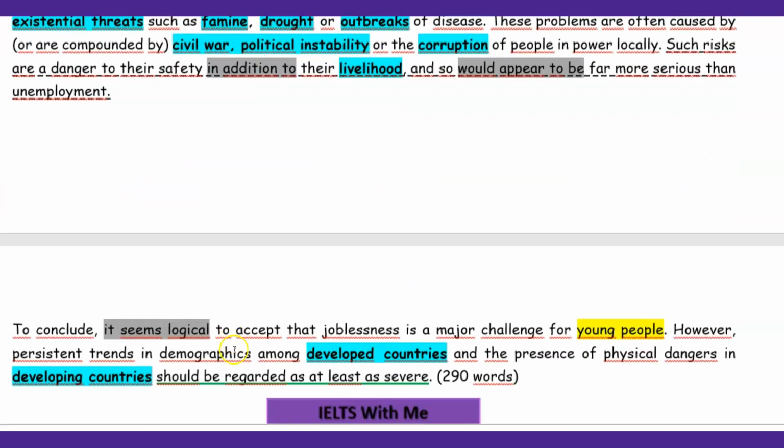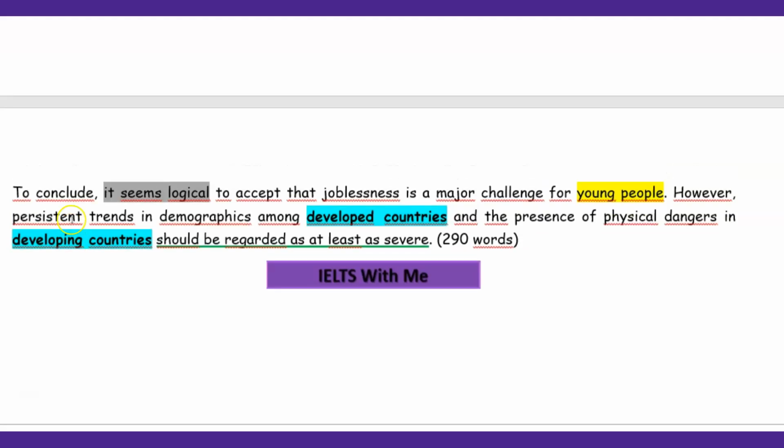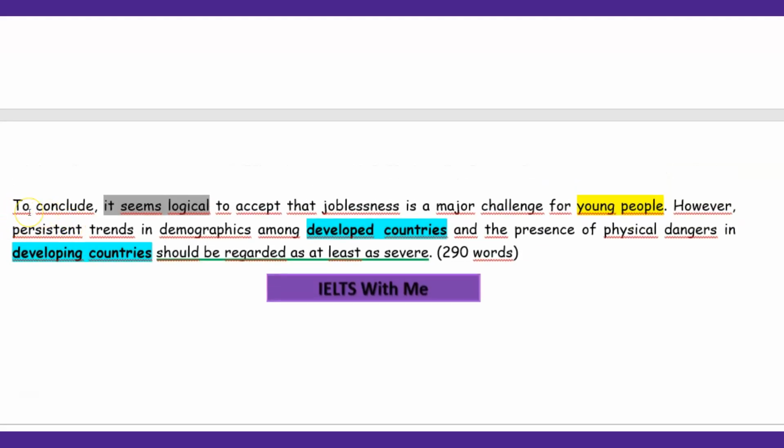Okay, our last paragraph: to conclude, to recapitulate, all in all, to sum up, in conclusion, it seems logical to accept that joblessness, unemployment, is a major challenge, a major question for youth.